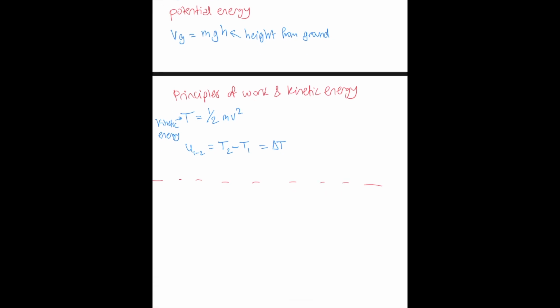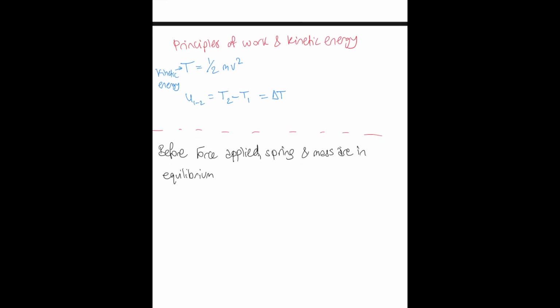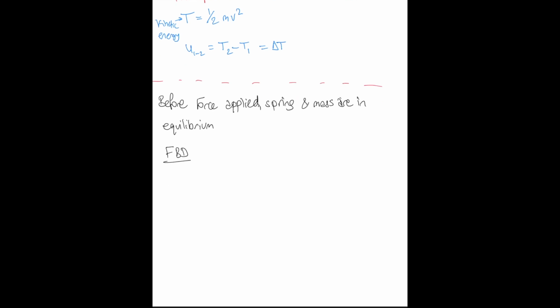First of all, let's start with a free body diagram. Before force is applied, we know that the spring and mass are in equilibrium. Therefore, the free body diagram will look something like this.